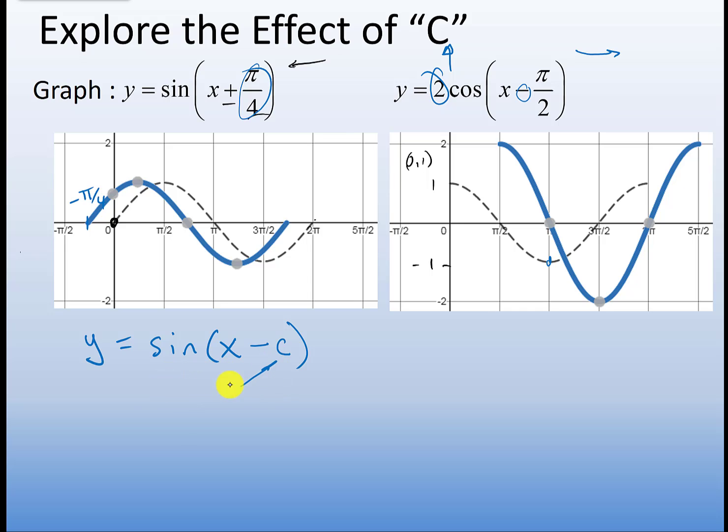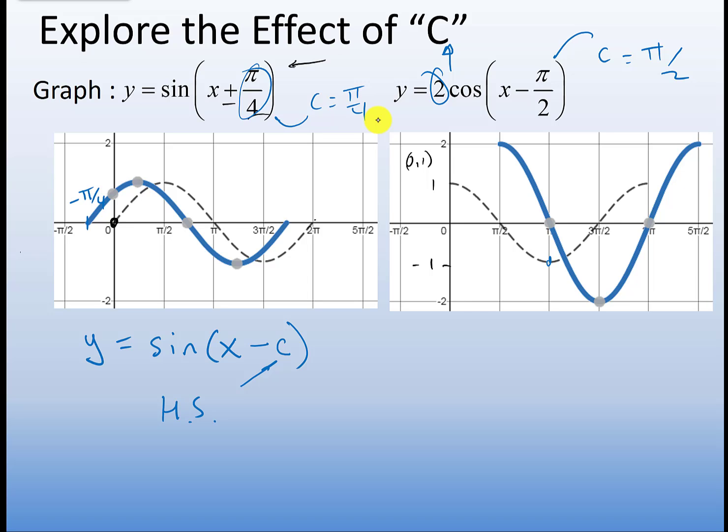This c is a horizontal shift, and it tells us exactly where we're going to go. In this case, on that right side problem, c was pi halves. And in this case, c is pi fourths. Now I'm intentionally creating an oversimplified problem.